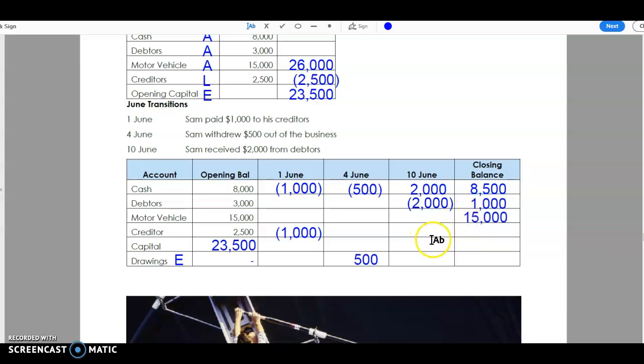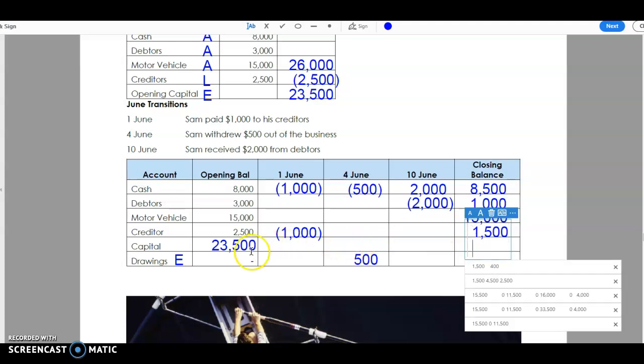How I like it. Creditors, opening balance was $2,500 minus $1,000 that we paid, so the closing balance is $1,500. There it is. And capital, the opening balance was $23,500 and we withdrew $500, so less $500.